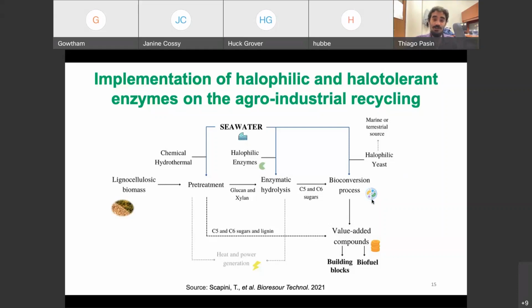And more than that, we are not just saving water, but we are increasing the ability to reuse the products that wasted a lot of water before. So we are increasing the yield of the production from the water that was wasted from the food production.